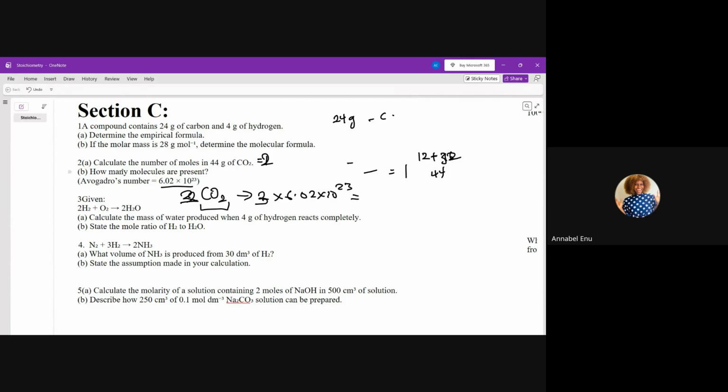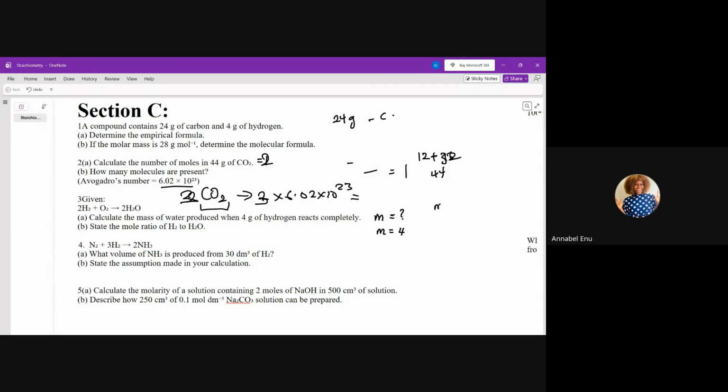Now in this question, we are to calculate the mass of water. We do not know the mass of water, but we know the mass of hydrogen to be 4. But how do we get the mass of water?